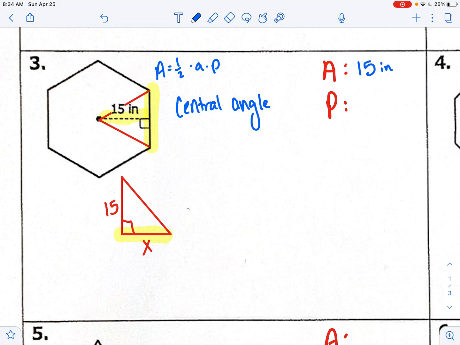So I'm going to find the central angle, this angle right here in the middle of my regular polygon. And how I'll do that is I'm going to take 360 degrees divided by the number of sides. So the whole central angle is 60, which means that each one of these two halves would be 30.